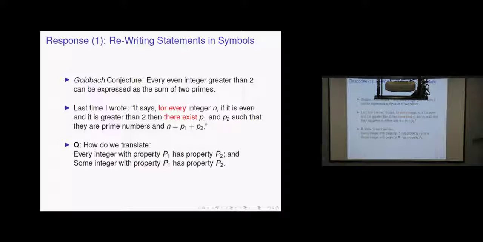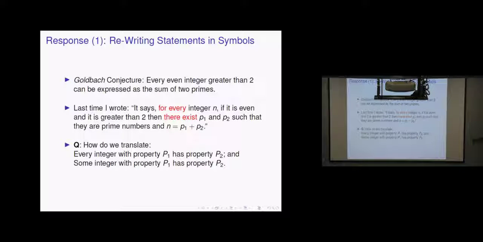It says every integer with some extra property, an even integer, and also greater than 2, has some other property. The other property says it can be expressed as the sum of two primes, right?